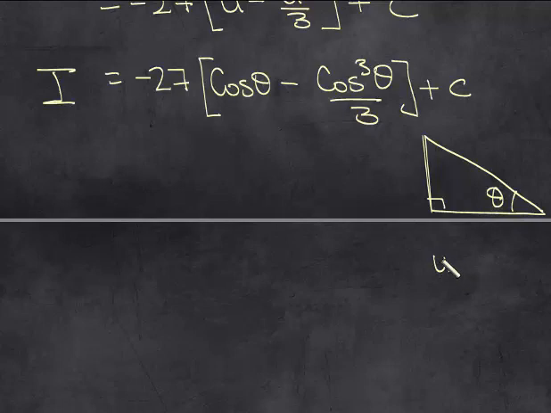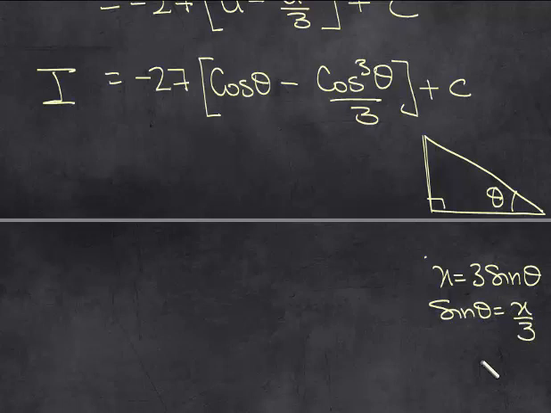X over 3. In a right triangle, what is sine? Opposite over hypotenuse, correct? So opposite is what here? X, hypotenuse is 3. So what is the adjacent side then? Using the Pythagorean theorem, that would be the adjacent side. Everybody follow that? So now that I have that, I can use the right triangle to find my final answer.